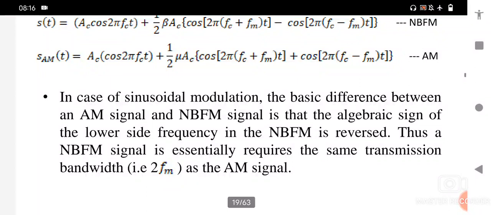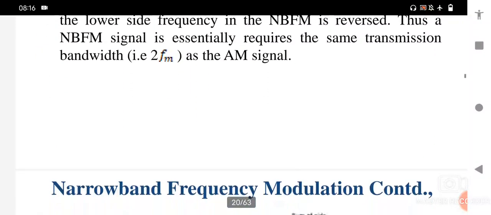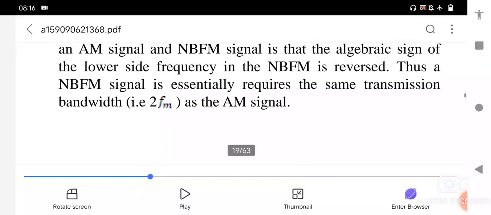That's why the NBFM signal essentially requires the same transmission bandwidth as the AM signal. The transmission bandwidth of the AM signal and NBFM signal is 2 fm. So that is about narrowband frequency modulation.